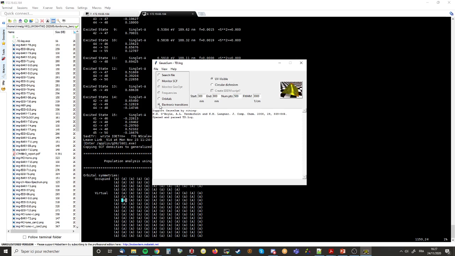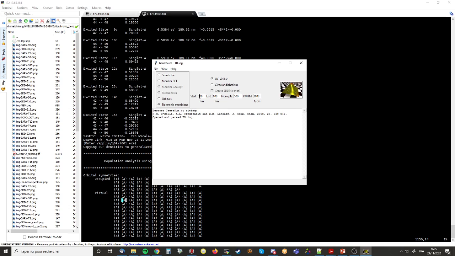And you select the limit of your graph, the number of points to generate, and the full width at half maximum. You see by default it's also 3000 wave numbers.